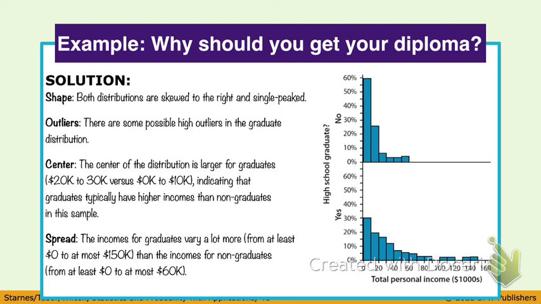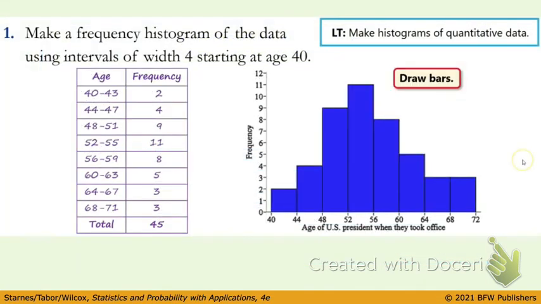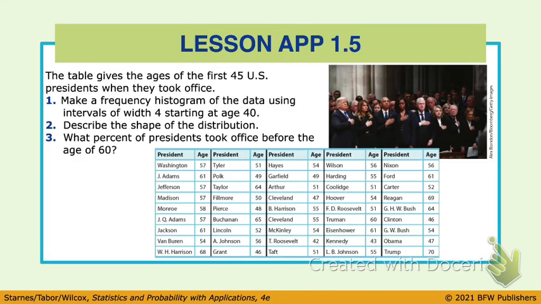So, cool? All right. I'm going to give you a chance to do this last one, so don't show them the answer. That way you have a chance to actually make a histogram yourself. You're going to use this table, the ages of the first 45 U.S. presidents when they took office. We're going to make a frequency histogram of the data using intervals of width 4 starting at age 40. So it even tells you what to do.